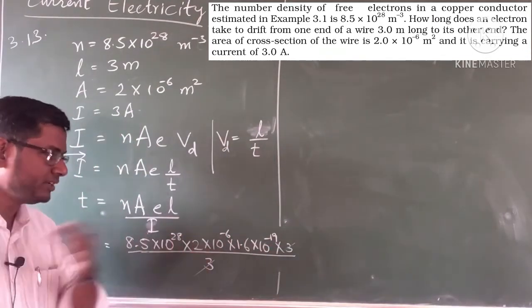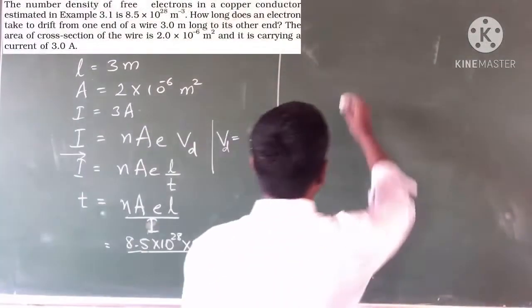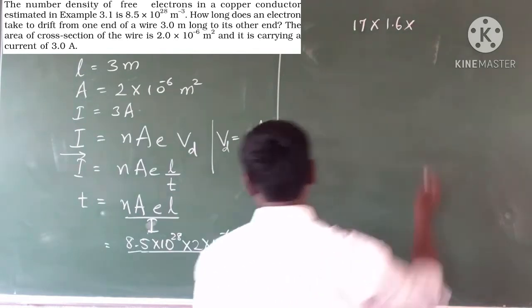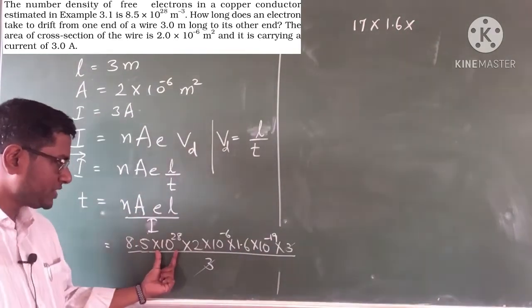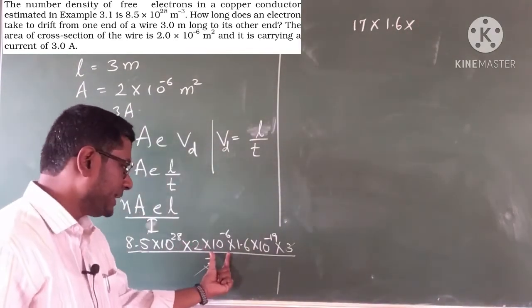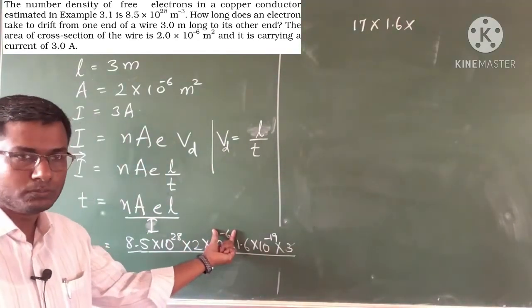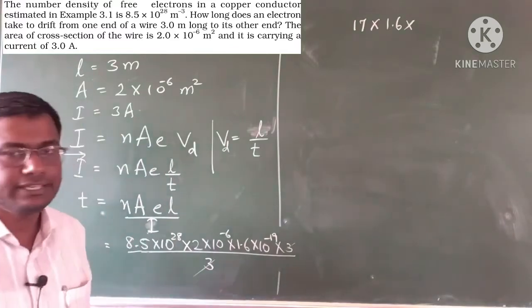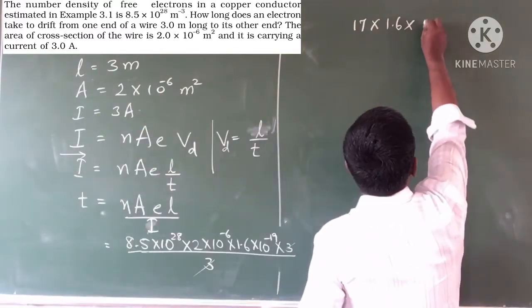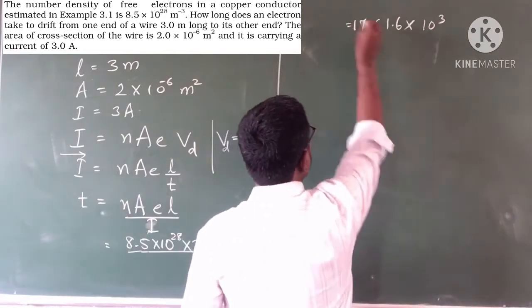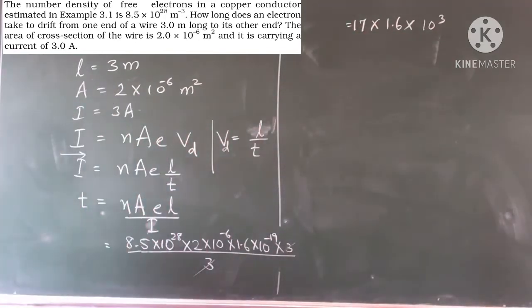So 8.5 into 2 is going to give me 17, into 1.6, and I can take care of the powers. There is 10 to the power of plus 28, 10 to the power of minus 6, so 28 minus 6 gives me 22, and there is a minus 19, which gives me 10 to the power of plus 3. There is nothing in the denominator. We have to deal with only these 3 numbers. So it is only 17 into 1.6 into 10 to the power of 3.